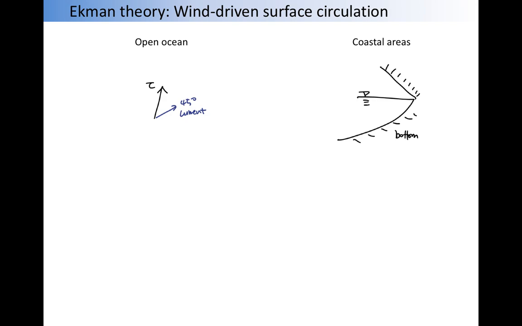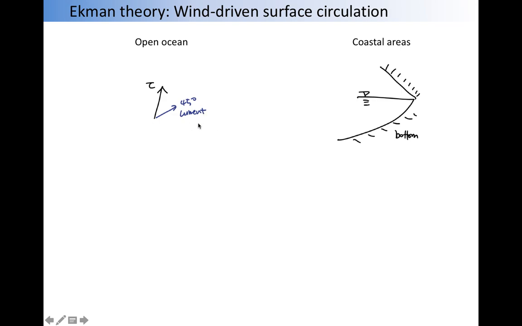And I'd like to switch gears to what happens to the surface currents, the surface circulation by the wind, open ocean versus coastal area. I drew by my hand.